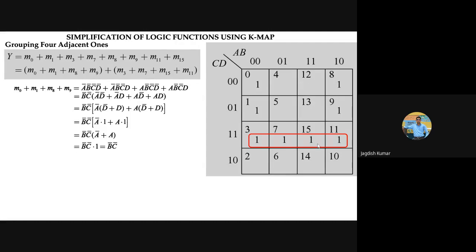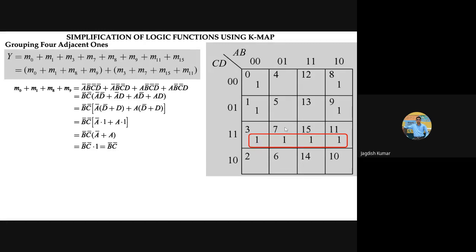So what will this quad give us? It will be interesting to note that whatever the values of A, B, whether it is A complement B complement, or A complement B, or A B bar, the output remains 1, irrespective of whatever A or B was. This means A and B can be eliminated from the output.